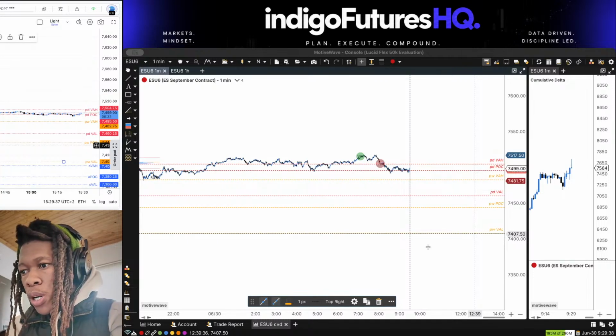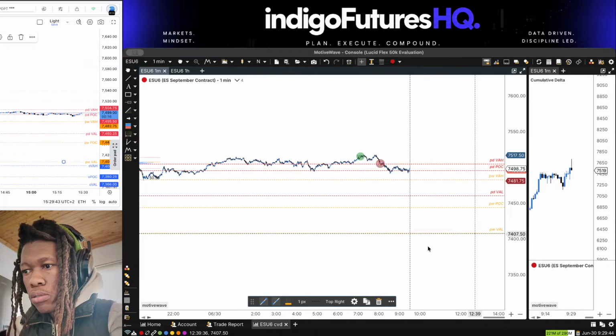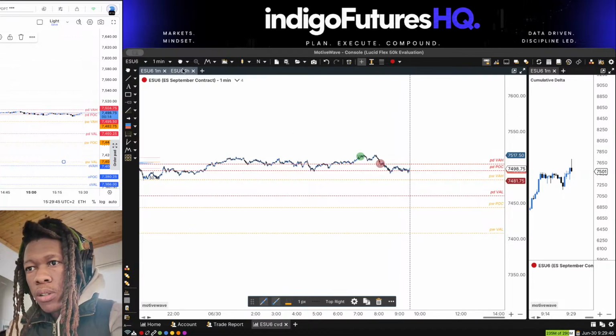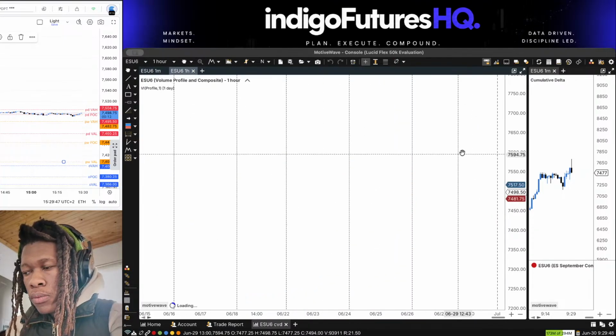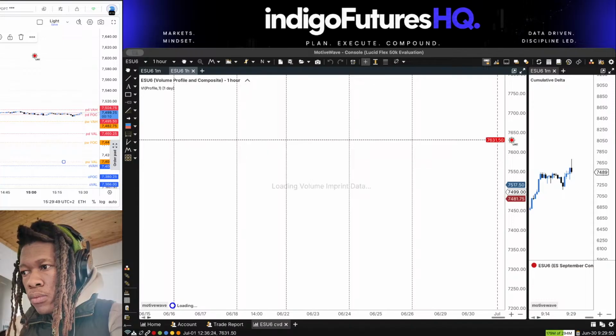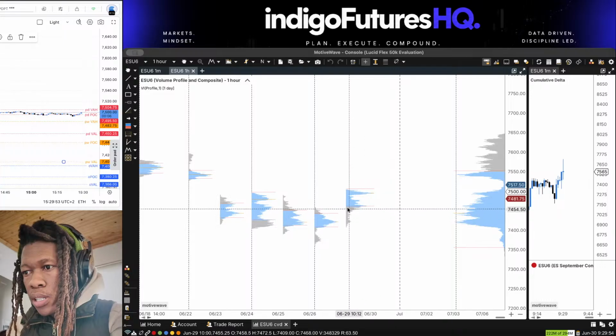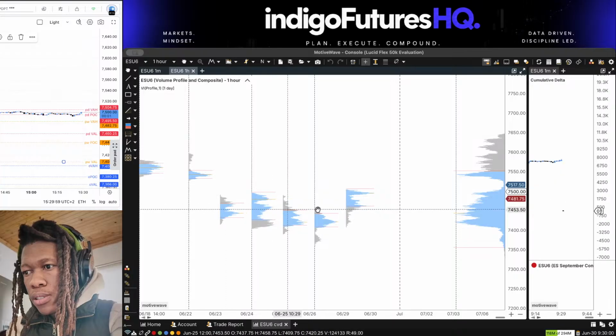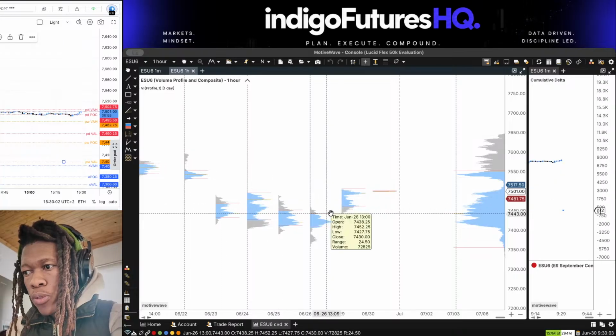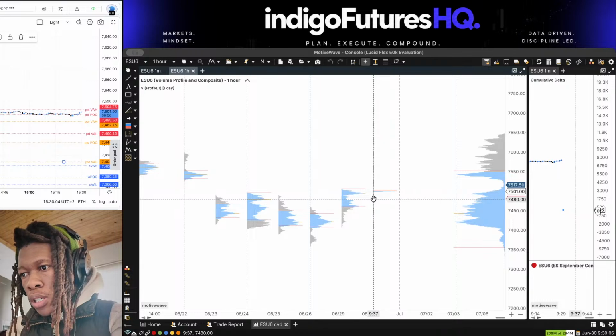Does look like we are making way above previous week value, which is positive, I guess. We can have a look over here and see what the volume looks like. That was yesterday's value. This is all regular trading hours, so yeah, we did move above that. So here we go, that's the open.